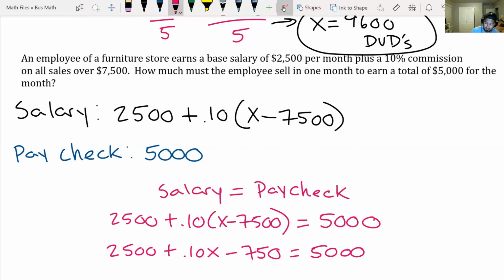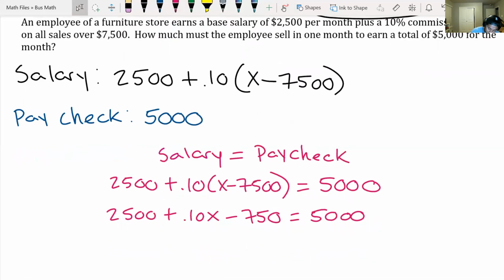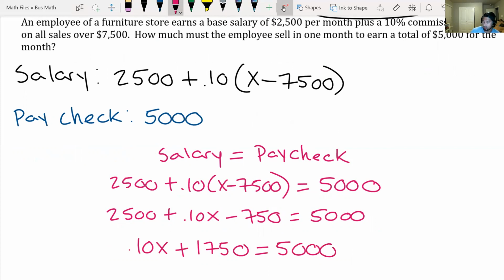And then we'll combine like terms on the left side. And we'll get 0.10x plus 1750 equal to 5,000.